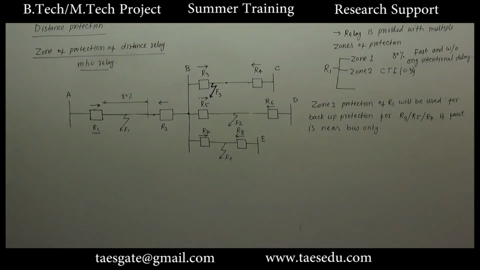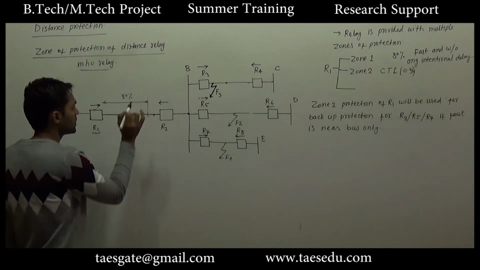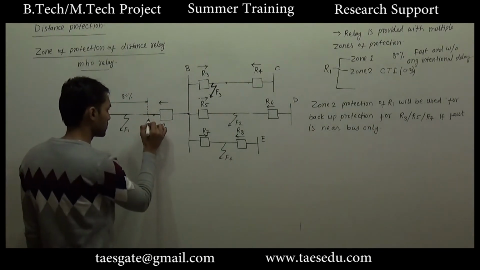Also, the zone 1 protection is only up to 80% of line 1.